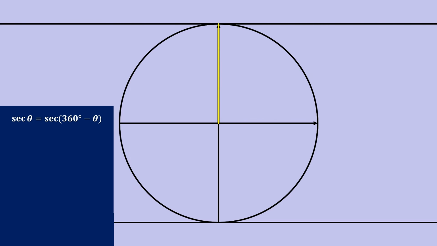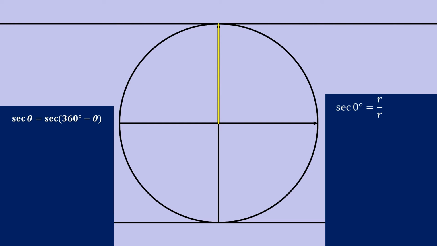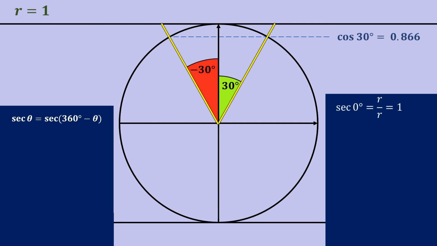At 0 degrees, the secant line is the same as the radius, so secant 0 is equal to 1. For the sake of this ratio, let the radius be equal to 1. Cosine 30 degrees is the square root of 3 over 2. So secant 30 is equal to 2 over root 3, or 2/3 of root 3.